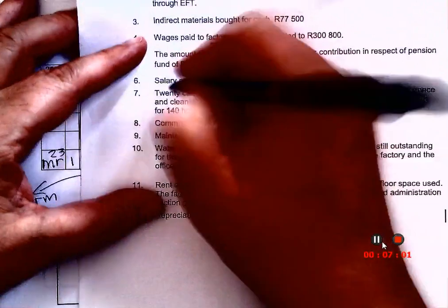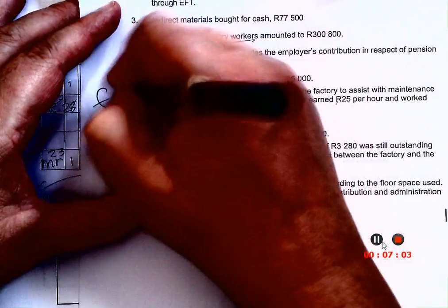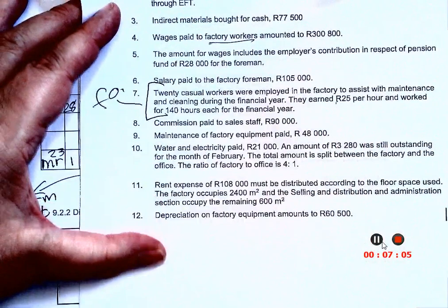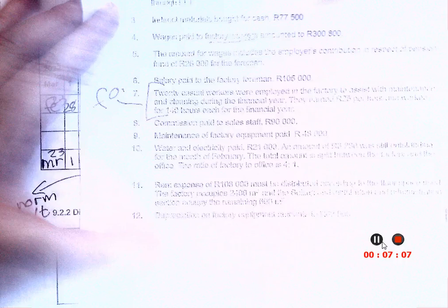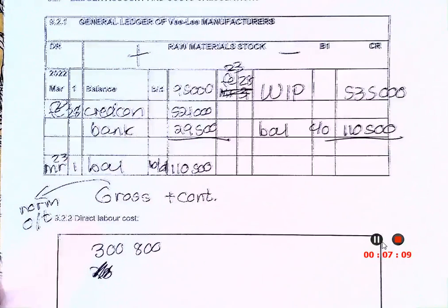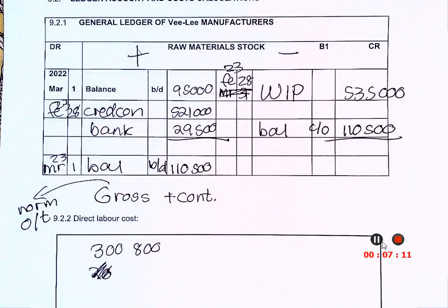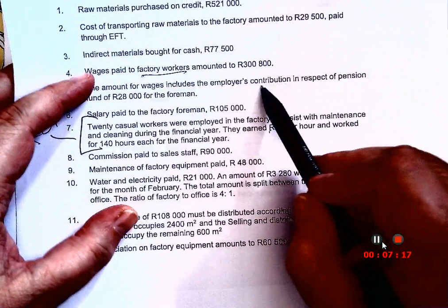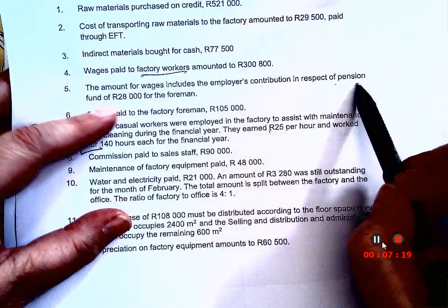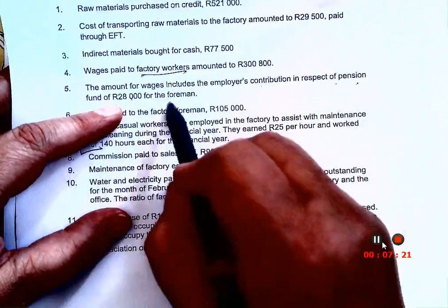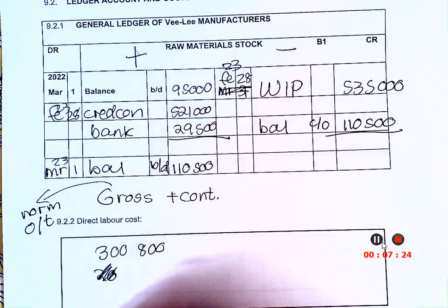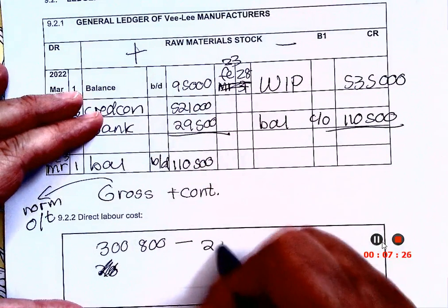This here is factory overheads, right? Okay, so I don't see anything else. There's my direct labor. What did I miss? Number 5. The amount for wages includes the employer's contribution in respect of pension fund of 28 for the foreman. So I need to subtract 28,000.